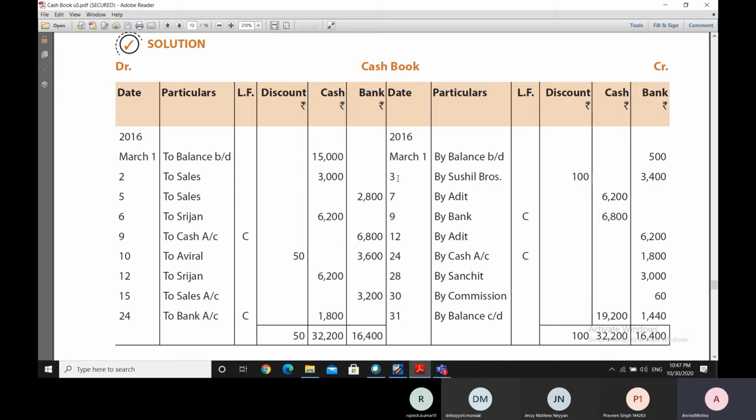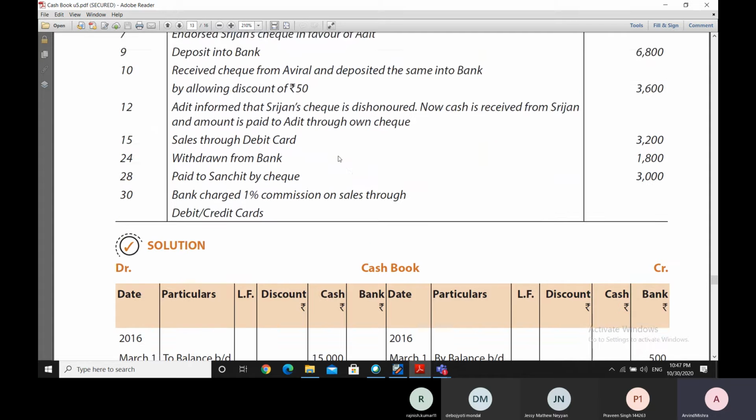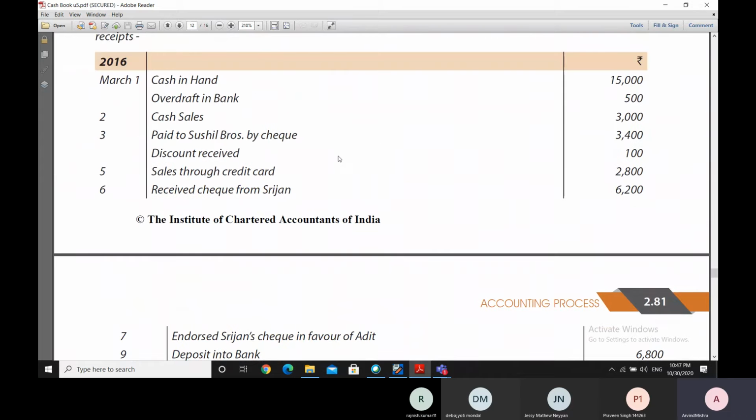So this is a triple columnar cash book. On March 1, the balance brought down is 15,000 rupees. And thereafter, on March 1 itself, there is an overdraft in the bank of 500 rupees.